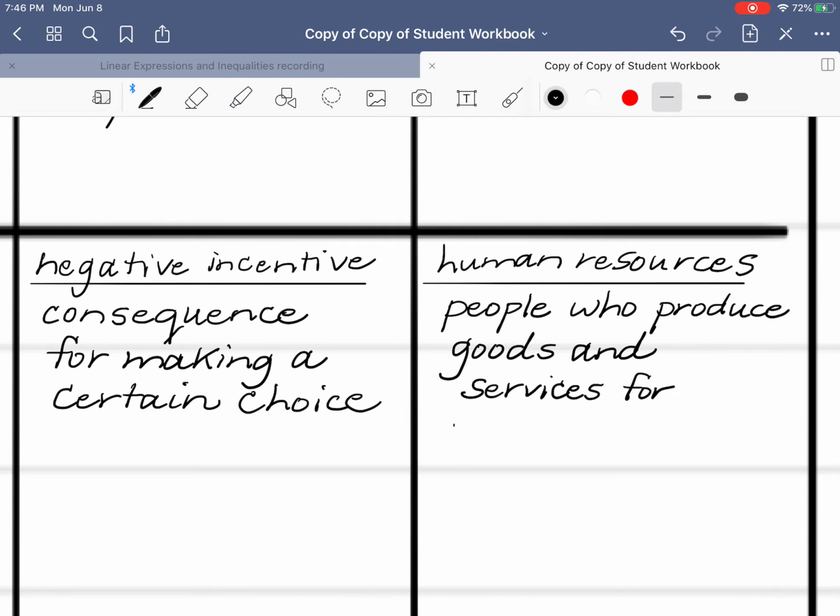Ford Motor Company produces a service, a goods, cars, and they pay their employees to do that. Those employees are the human resources, and that's a good synonym for human resources. Your employees are your human resources.